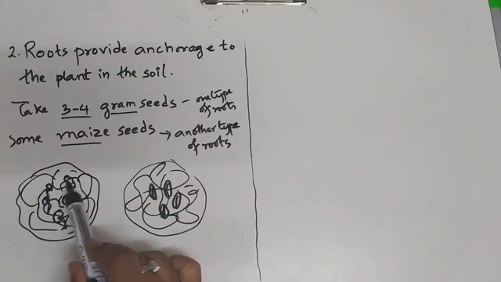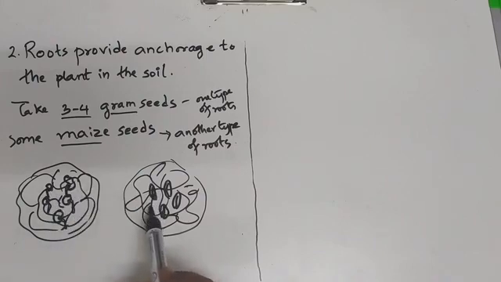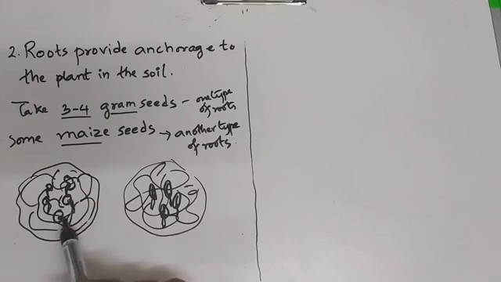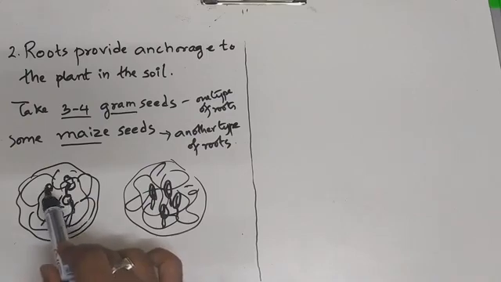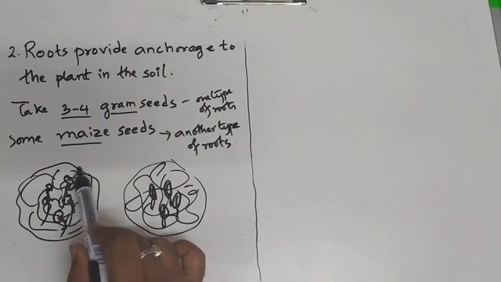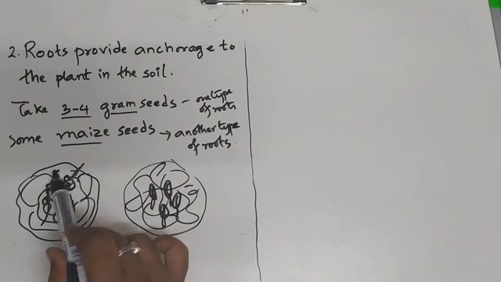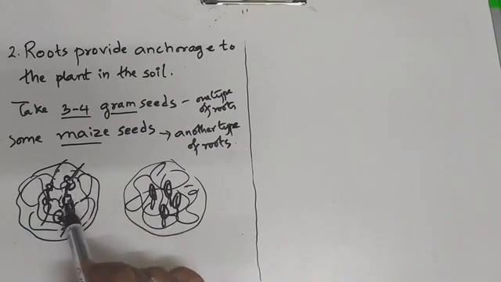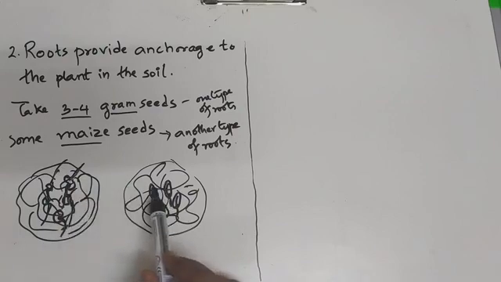Sprouts are formed. And you leave it for some more days. From these sprouts, the roots will grow deep, and even small plants are going to come out. Right?